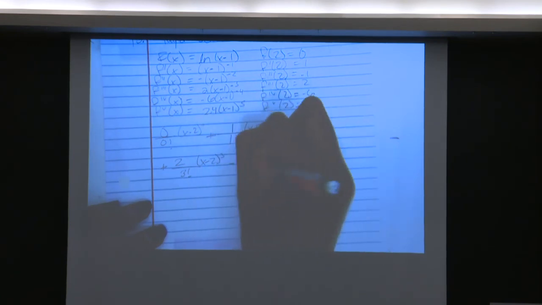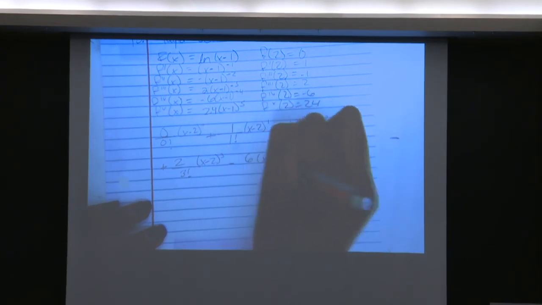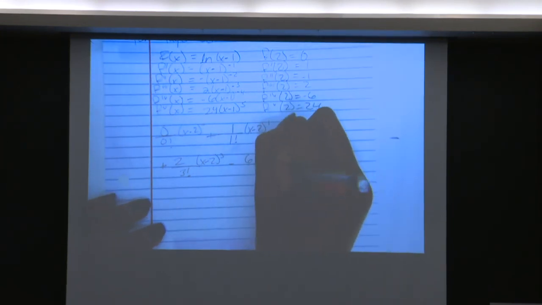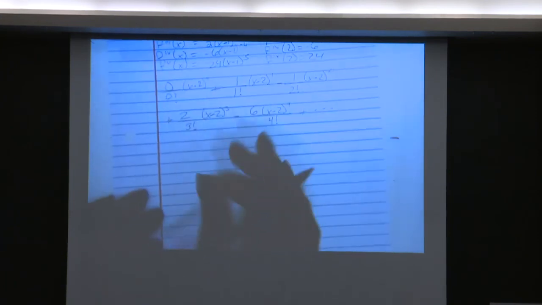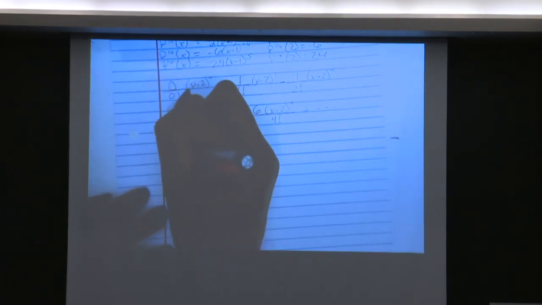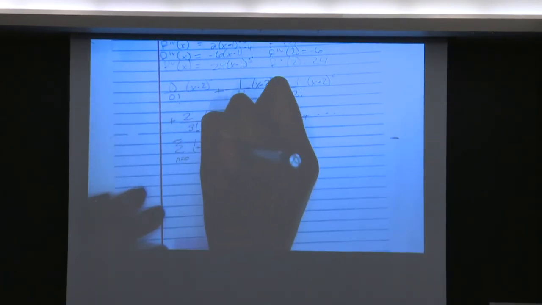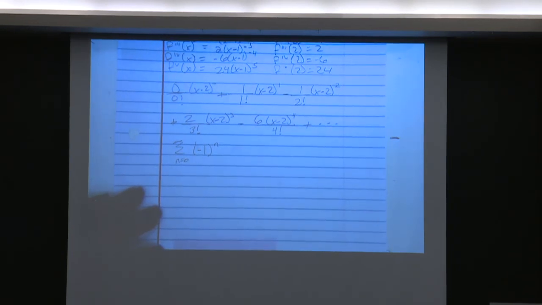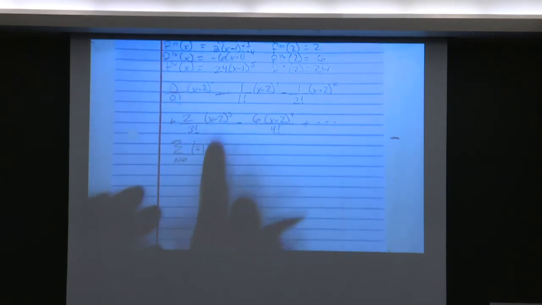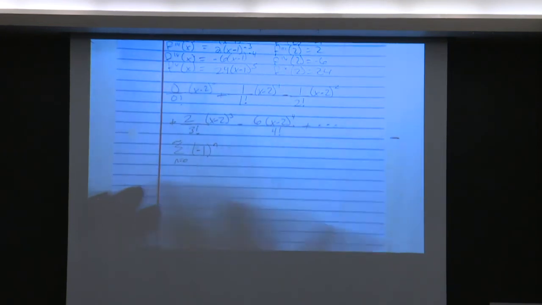I'm going to stop at this 6, plus dot, dot, dot. First thing we see when we want to set this up is that it alternates. So when it alternates, you already know that you need to put a negative 1 in. Now later you'll find out what you need to do for that exponent, but we'll get to that later.